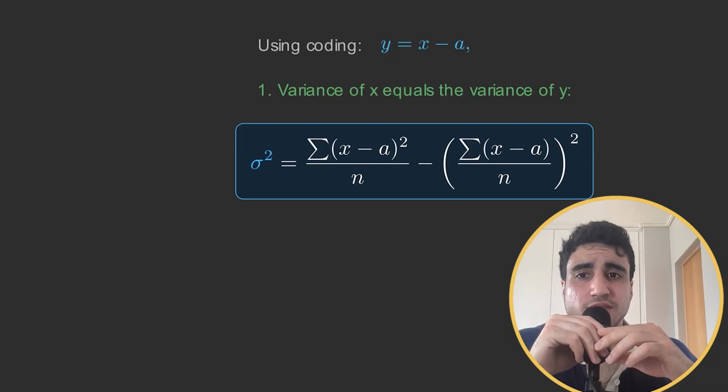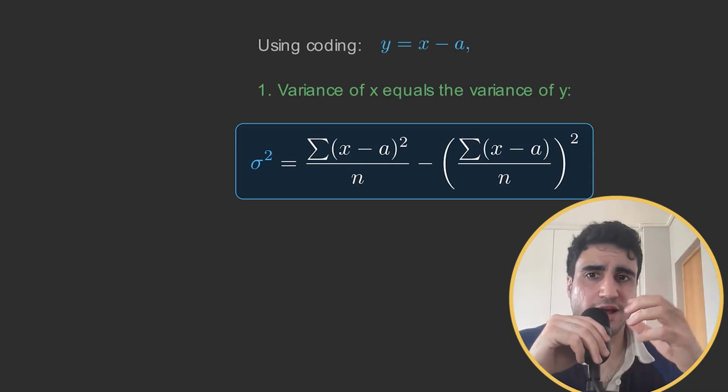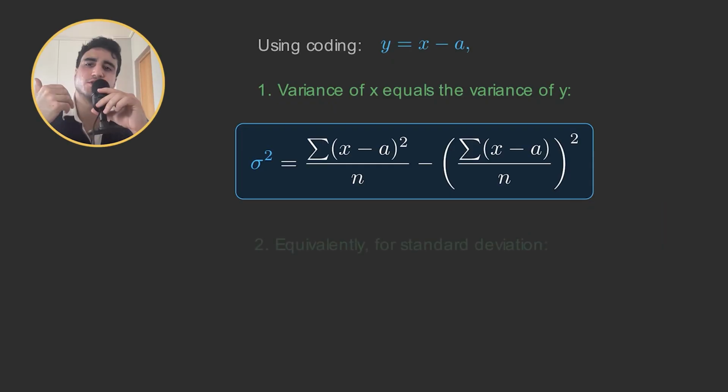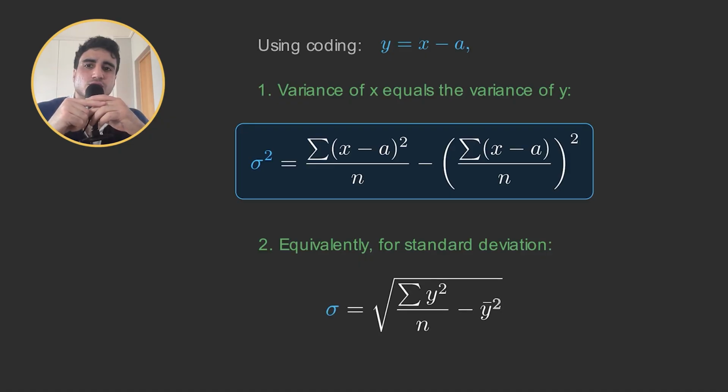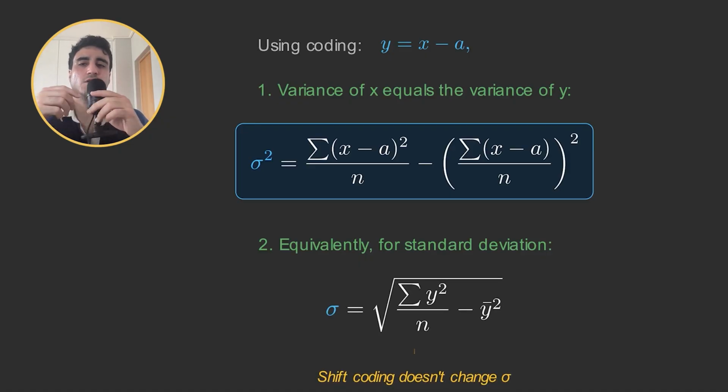And what that really boils down to is the standard deviation is equal to the root of the sum of y squared over n, minus the mean of the coded values squared. So we intuitively know this, but it's just a way to show the wider picture here.